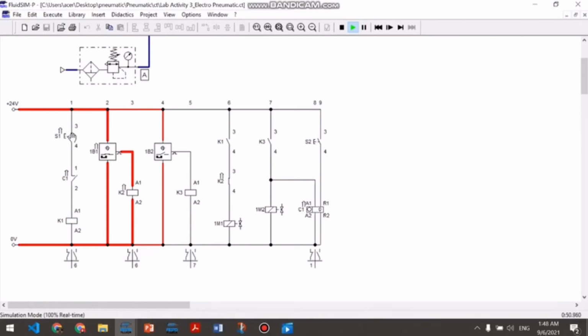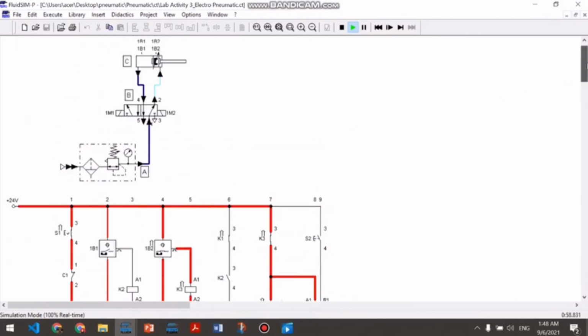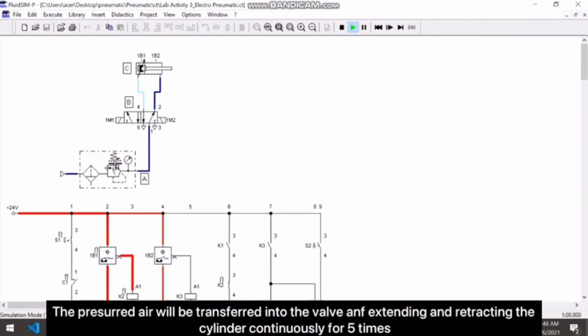At the same time, the pressurized air will be transferred into the valve, extending and retracting the cylinder 5 times.